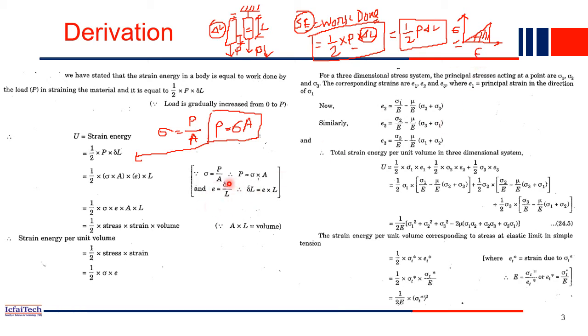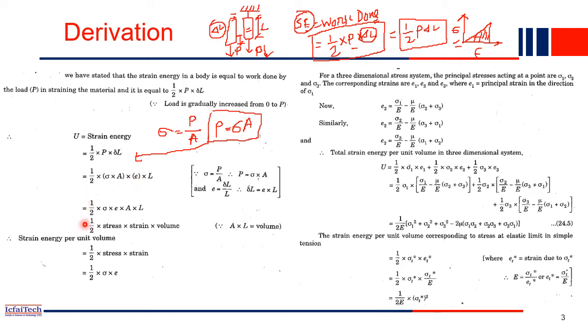Strain is the change in length delta L by the original length L. So delta L will be strain into L. Just replace P as sigma into A based on this equation, and similarly replace delta L with strain into L.